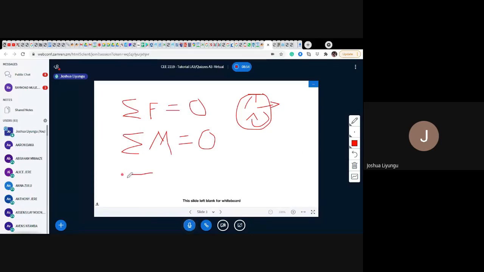Can you remember where we say summation of moments about that point, for now we can call it O, would be equal to the cross product of the position and the force itself, plus the moment. If you remember, I said this moment is a sliding vector, meaning you can move it without changing anything.